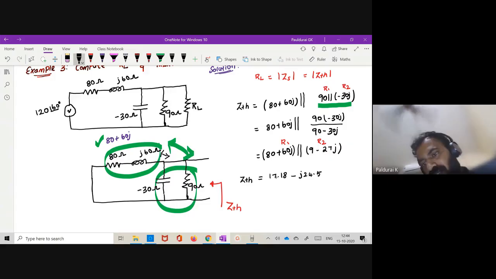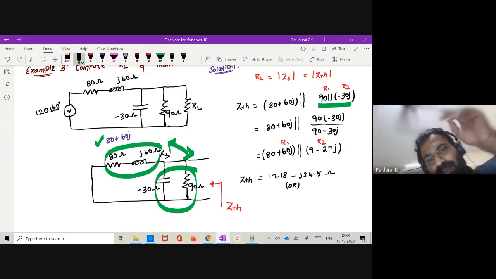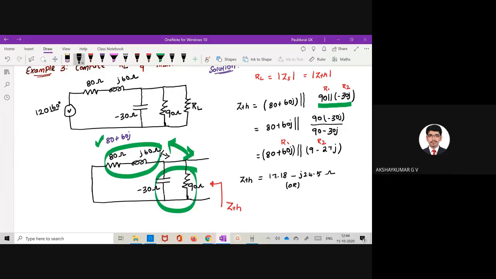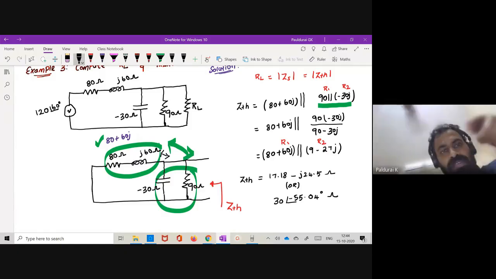Can I take 5 ohm or polar? Because this time you want to calculate polar. Polar ZTH is 30 at an angle of minus 55.04, sir. So now this is my ZTH. Very good. Correct answer.